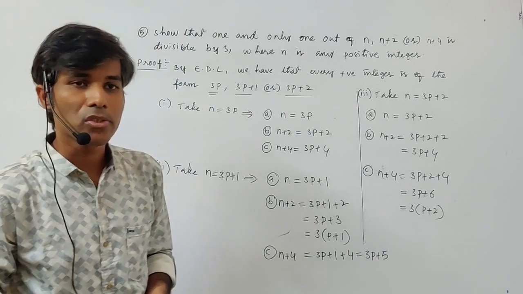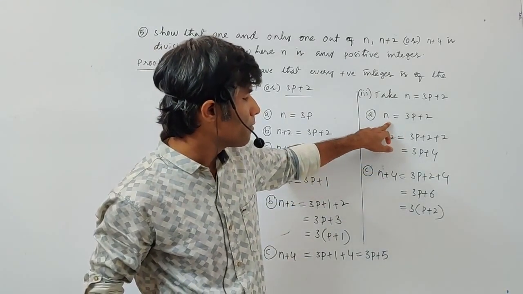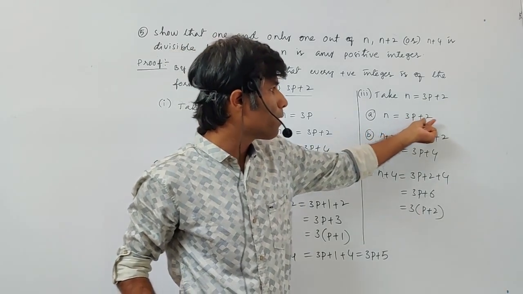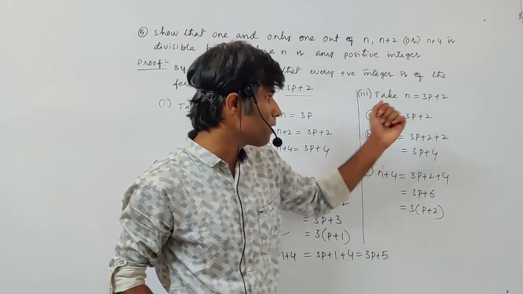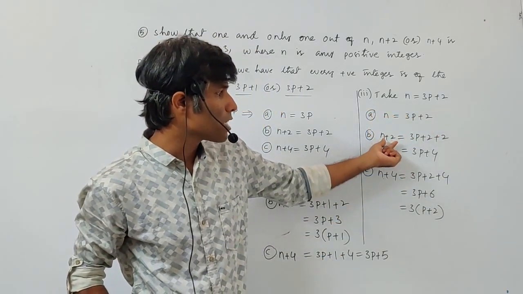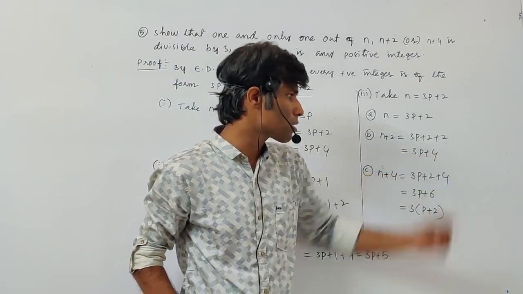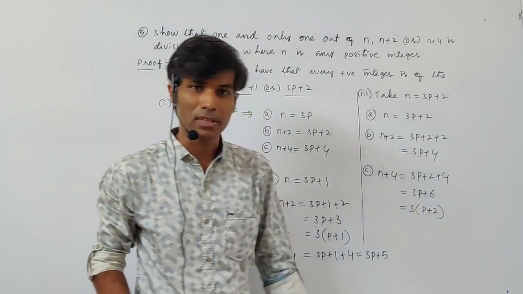And let us observe these three numbers now. Here the first number is n. In this, 3p is a multiple of 3, but 2 is not a multiple of 3, therefore this is not divisible by 3. In the same way, if you see the n plus 2 value, here 3p is a multiple of 3, but 4 is not a multiple of 3. Therefore, 3p plus 4 is not divisible by 3.